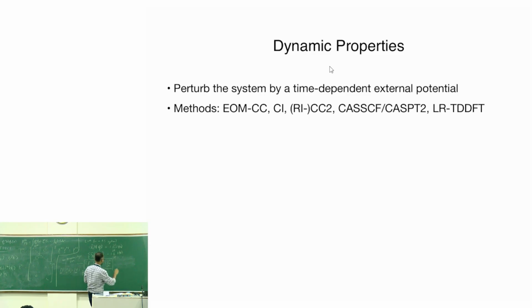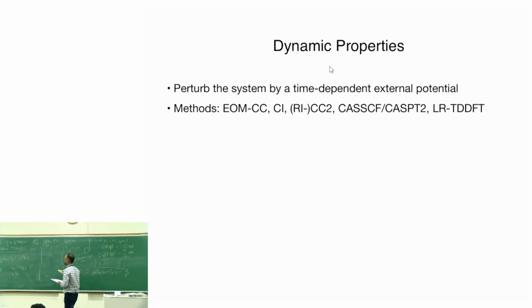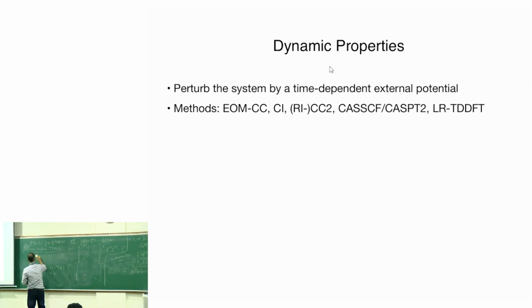Right. So can I just go back? Let us think of a perturbation. Normally when I think of a perturbation here, it should be some local perturbation, say V of R, with some time evolution.